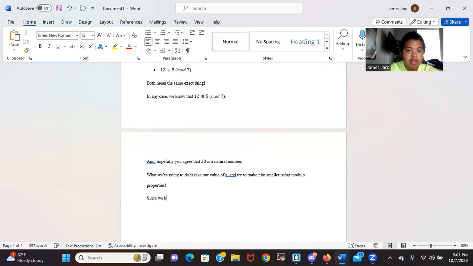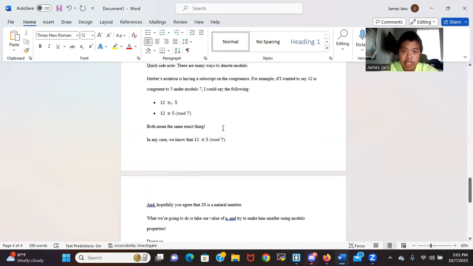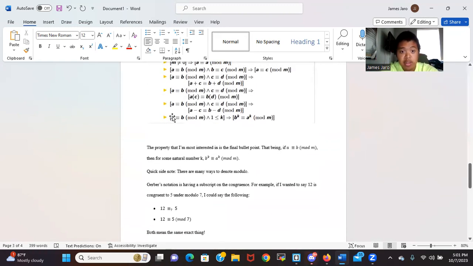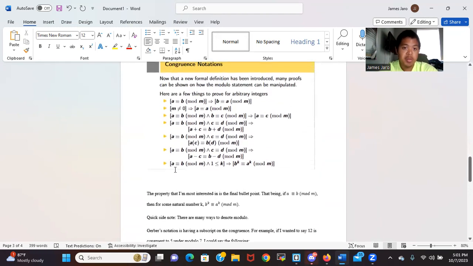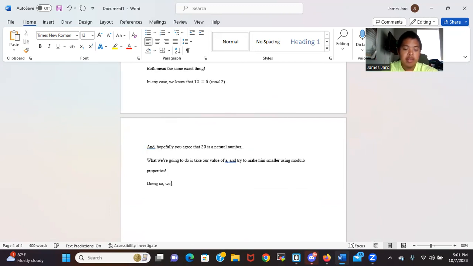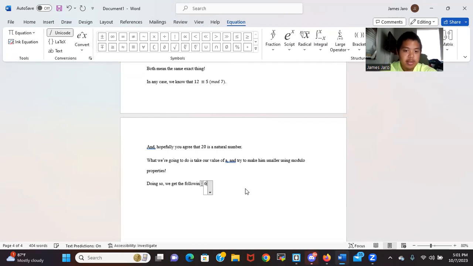Since we know that 12 is congruent to 5 under mod 7, we can use this nice little property, this final property of modulo, and say the following: 5 to the 20th is congruent to 12 to the 20th under mod 7.